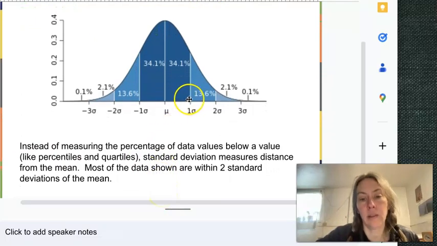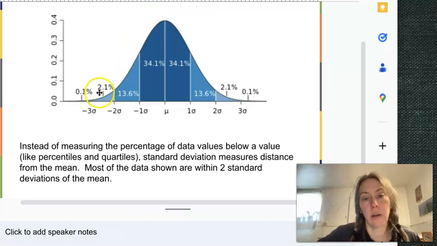And this is one standard deviation above the mean, 2 standard deviations above the mean. Once you get to 3 standard deviations above the mean, there's almost nobody out here on a bell-shaped curve or normal distribution. And this mu is the mean of the population. 1 standard deviation below, 2 standard deviations below.